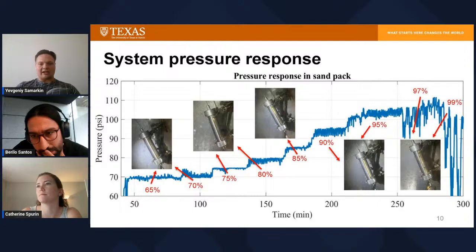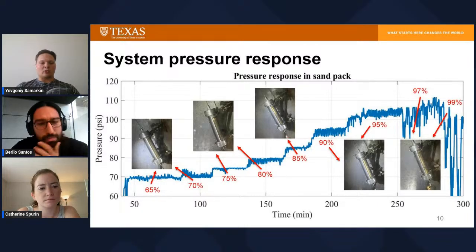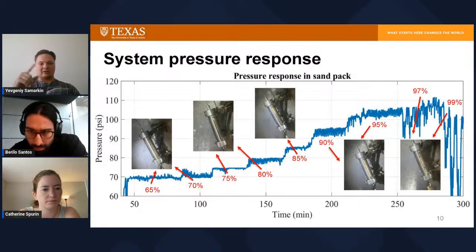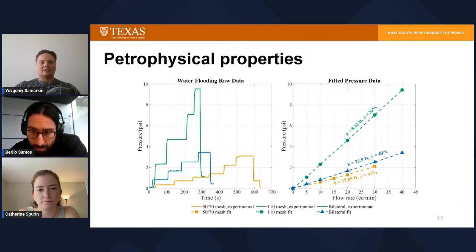I would start my injection at a very small foam quality of 65%, and then increase it stepwise by 5%. During each step, I was waiting until the foam is stabilized and I see a steady state, record that pressure drop, and then use it in the back calculations for the viscosity. And now let's talk about some results.